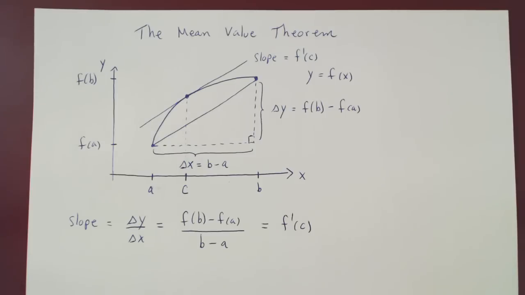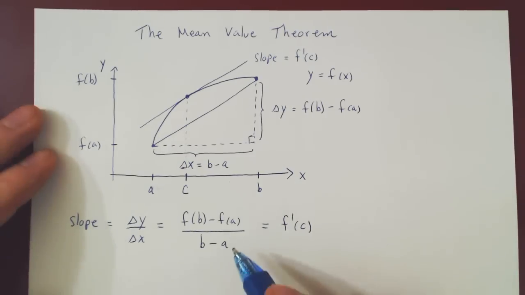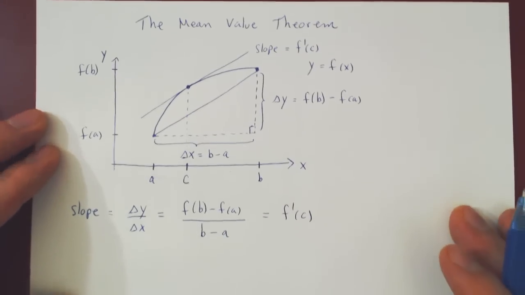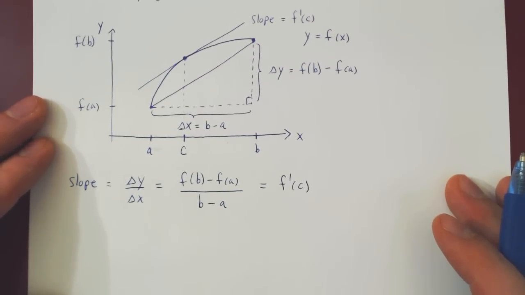Now for our application in our next video, proving the fundamental theorem of calculus, we'll need a slightly different form. So we'll just multiply both sides by b minus a, and that's the form that we'll be using.